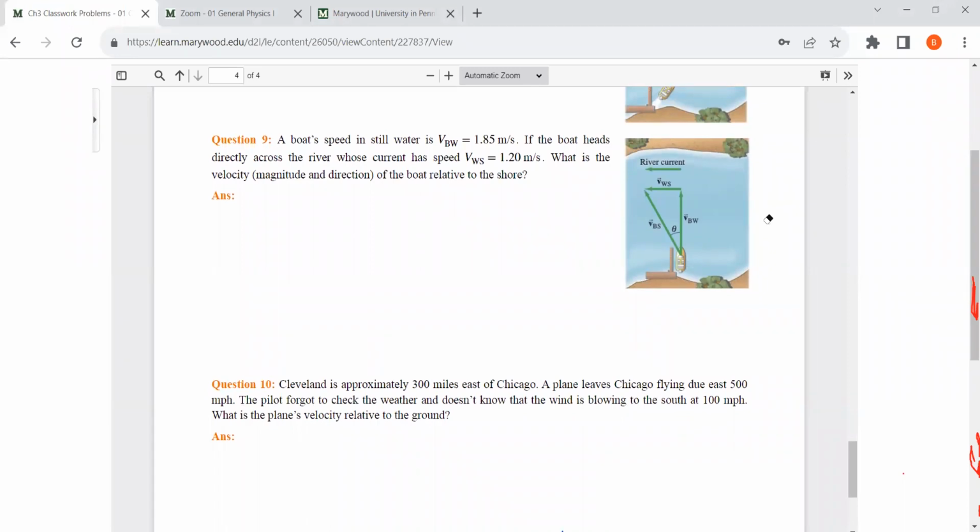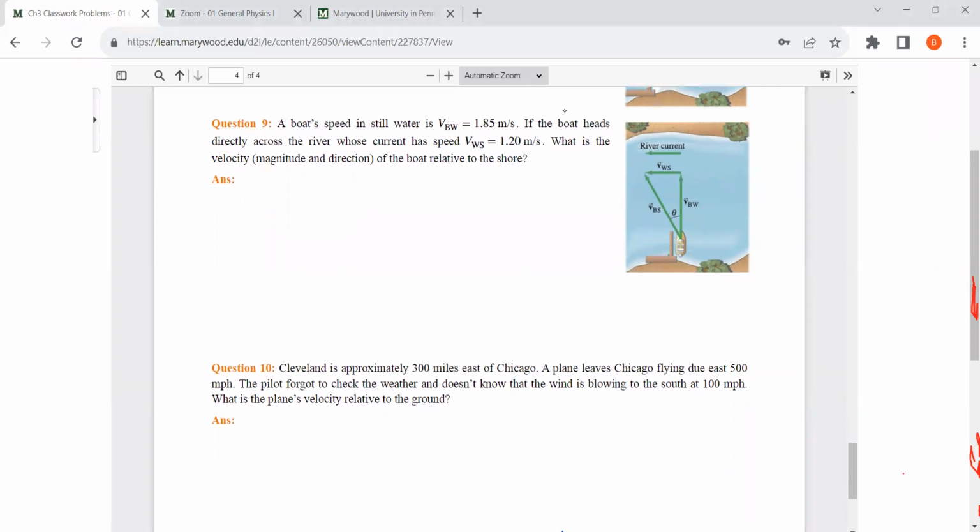This time the boat engine's velocity is directly northward, and the river current is to the west, north and west. So what is the velocity of the boat relative to the shore? Now we basically have two velocities that are affecting the boat's velocity.